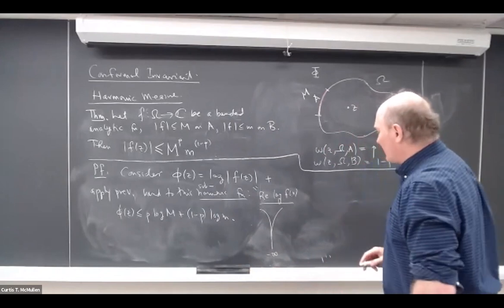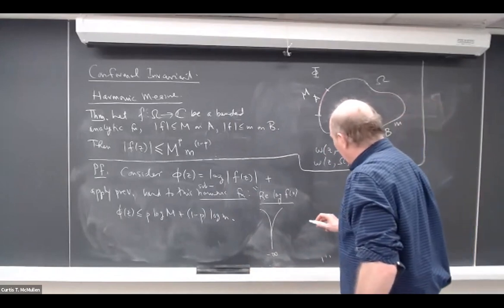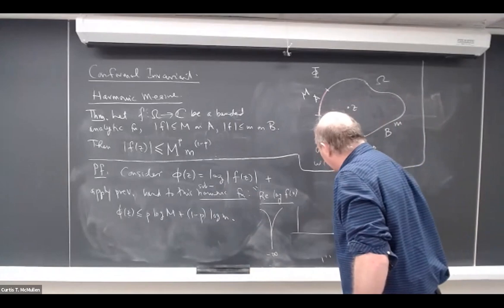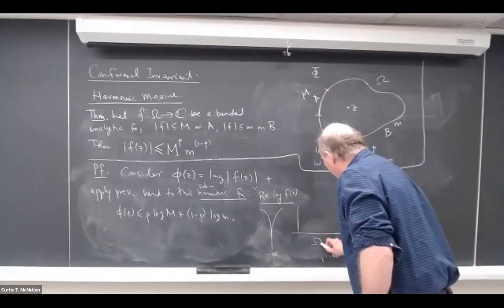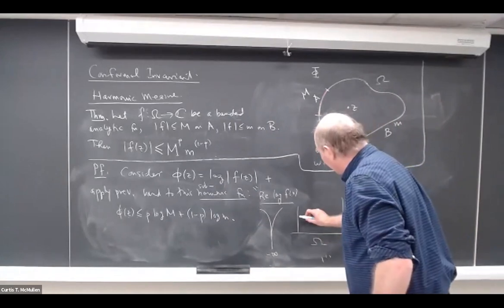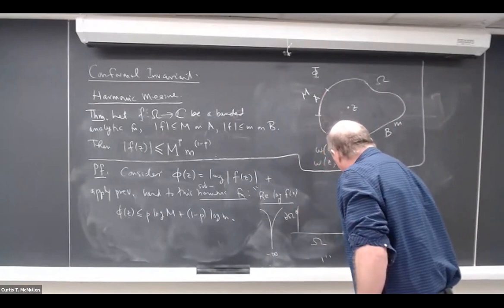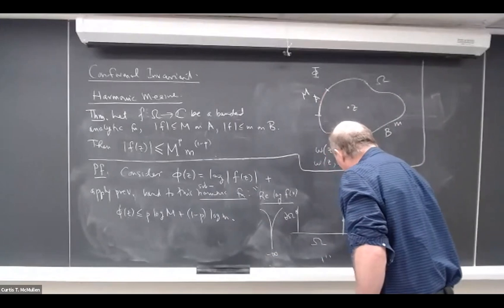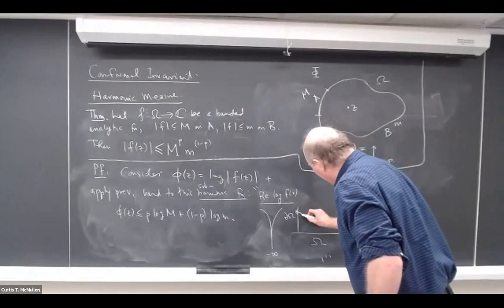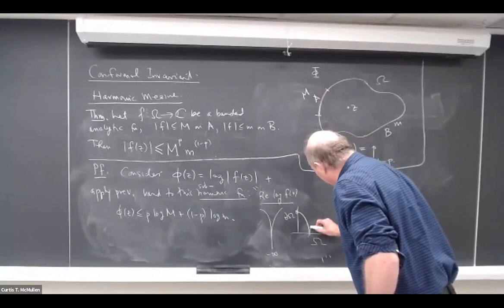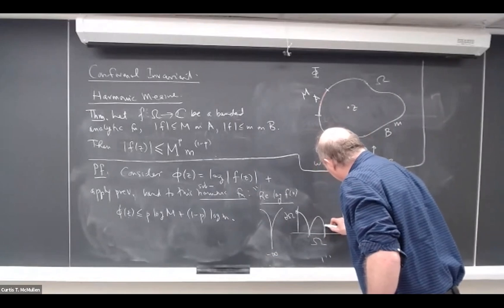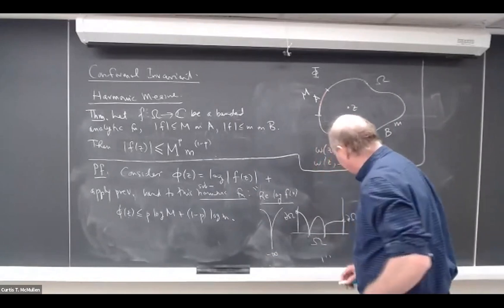Just to give you a little more confidence, when you have a function on a domain omega, let me just draw it sort of conceptually in cross section. So we have the boundary of omega here and here. And you have this subharmonic function, which happens to go to minus infinity at certain points.